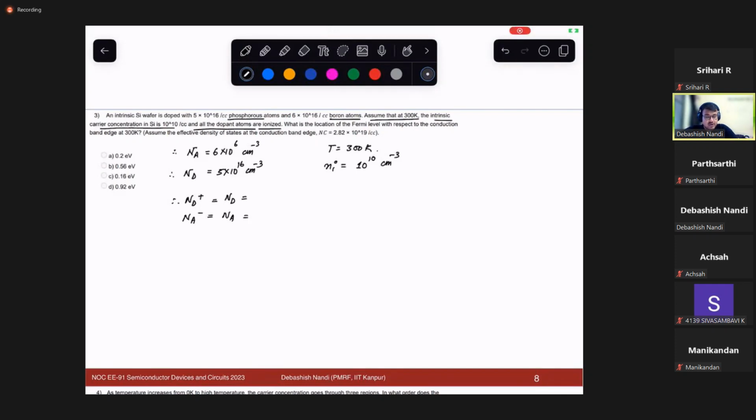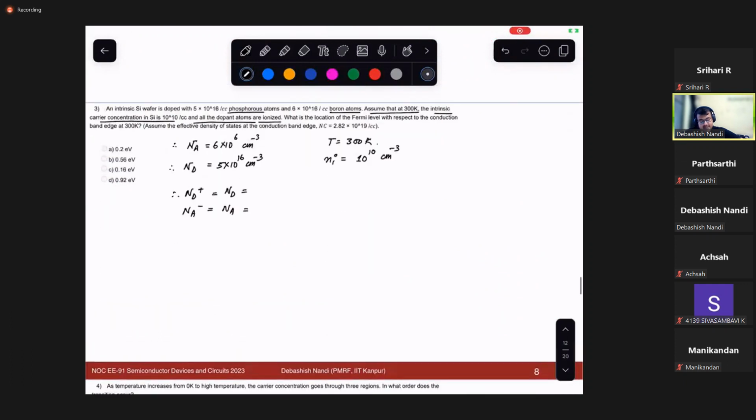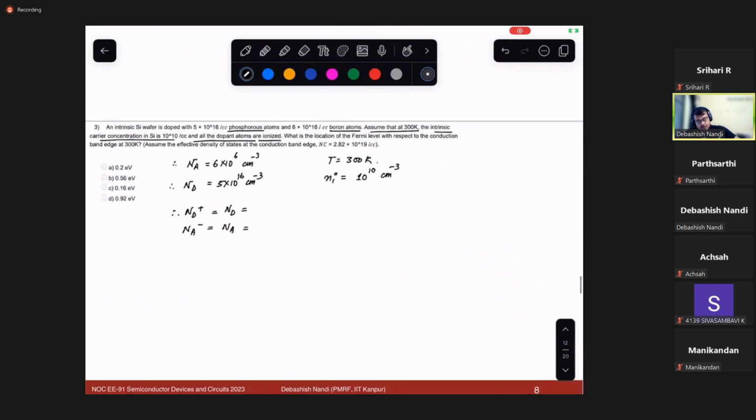Remember that whenever we go to lower temperature, the ionization also reduces. And what is the extreme case? At 0 K, the ionized atoms become 0. We discussed this in the last problem. But at room temperature, we are told to assume that this is the case. So this is 6 into 10 to the power 16 and 5 into 10 to the power 16.